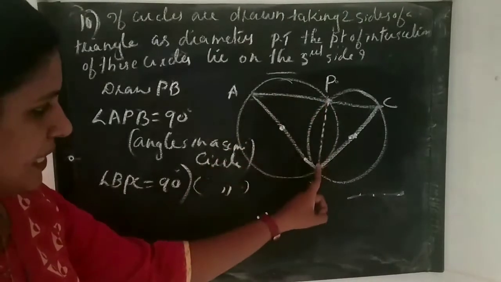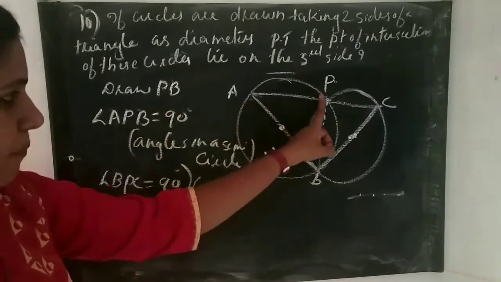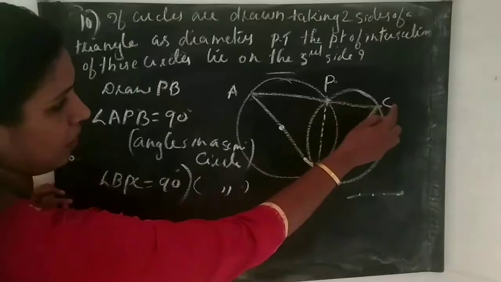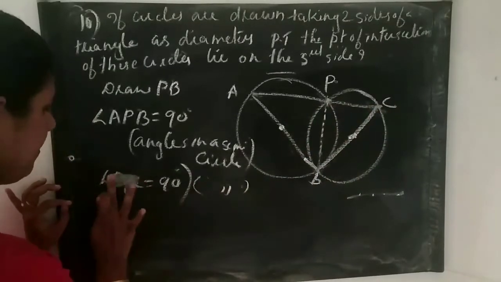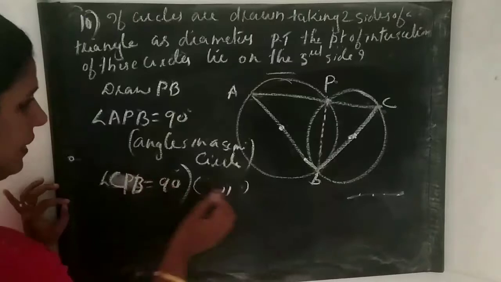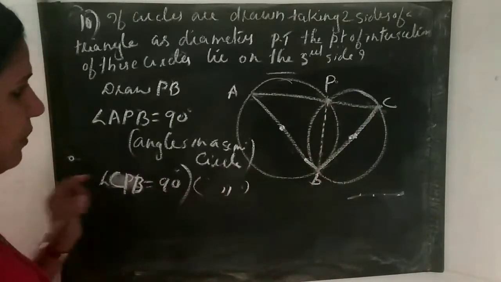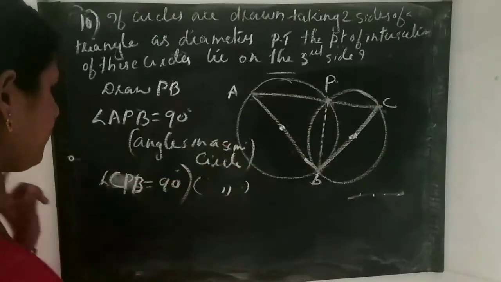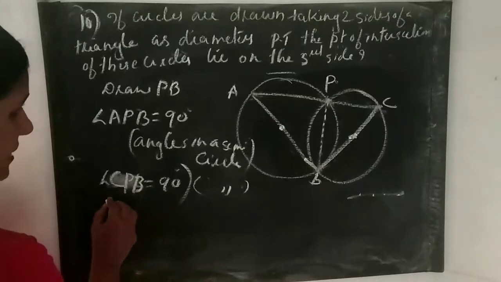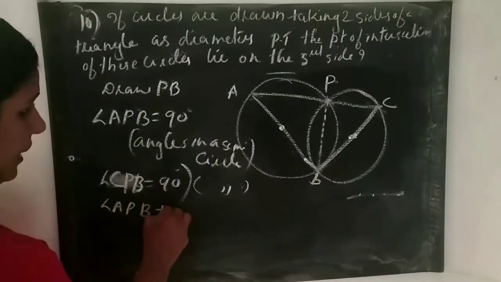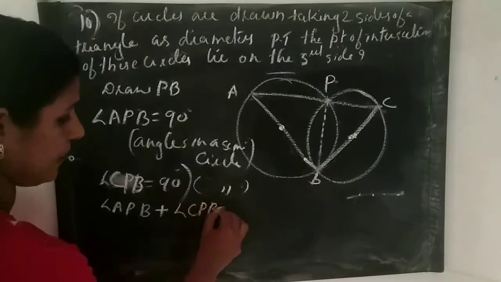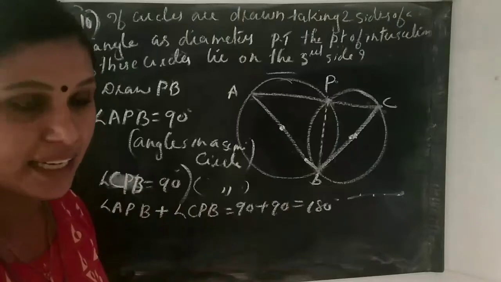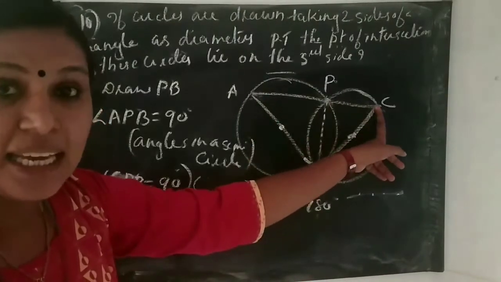Now we get angle APB plus angle CPB, because these angles are 90 degrees each. So angle APB plus angle CPB equals 90 plus 90 equals 180 degrees. 180 degrees is a straight line.